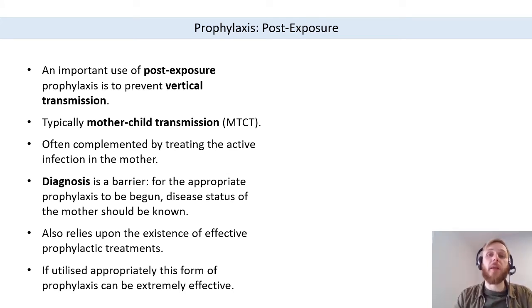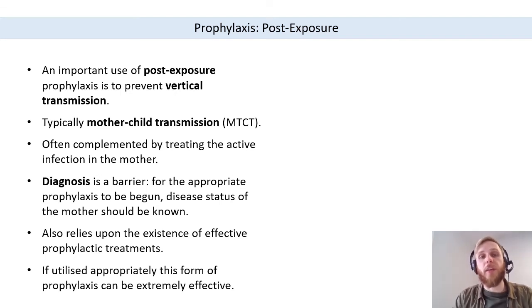There are other uses for post-exposure prophylaxis, one of which is to prevent vertical transmission of infectious diseases. So if we have a baby born to a mother who has a particular infectious disease that we can potentially offer a post-exposure prophylactic for, then this can be done in the baby to prevent the disease from establishing.